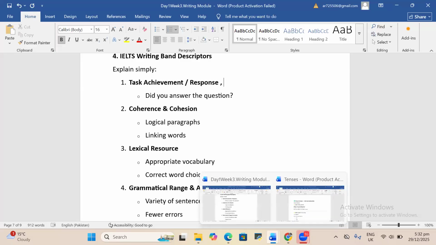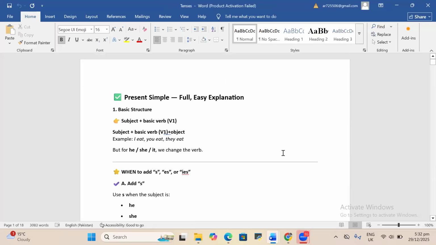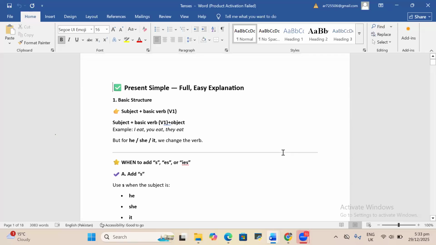This is important, and if students do not know the correct form of a sentence, it may be difficult for them to get a good score in writing. So it is important for a beginner to first correct their tense use, and after that practice essays.